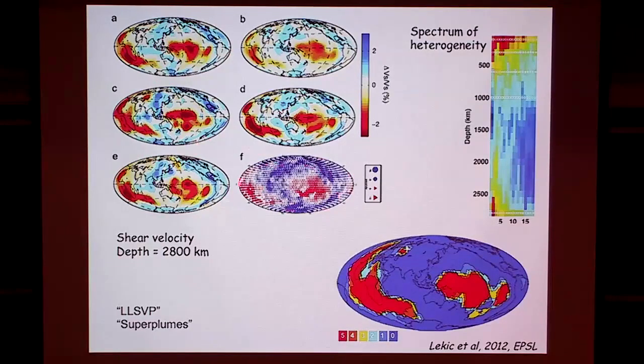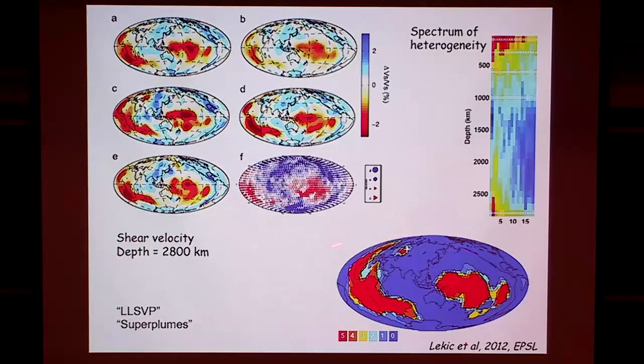But these are data: SCS minus S travel times plotted at the bounce point of the SCS, the wave that is reflected on the core mantle boundary. You can see that in the data already, without doing any inversion, you see this pattern.